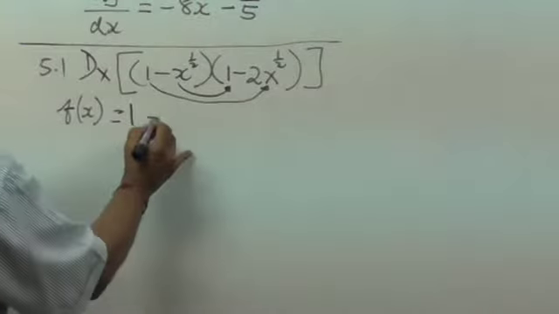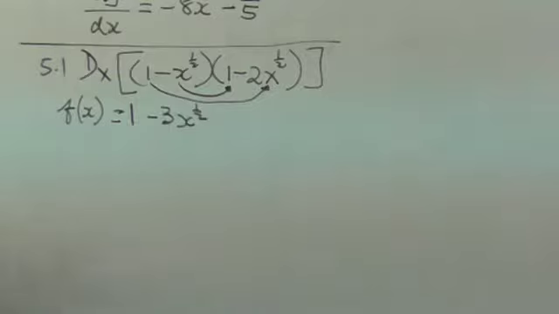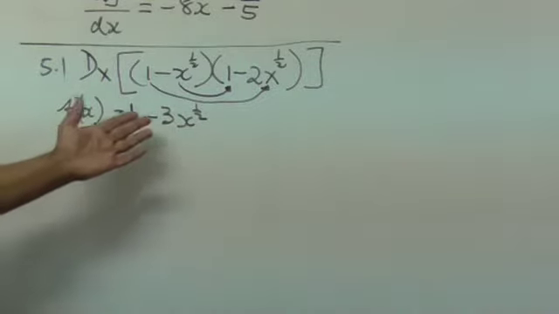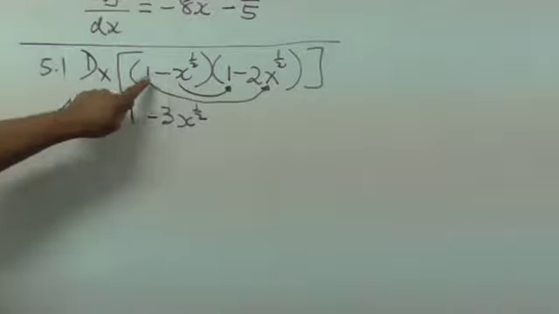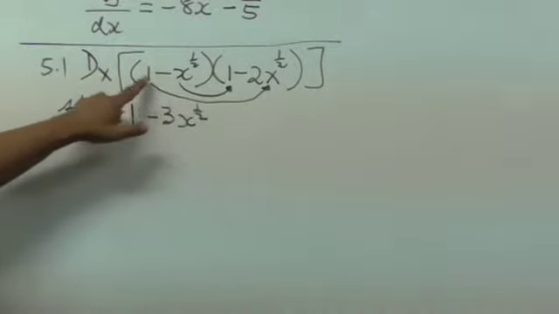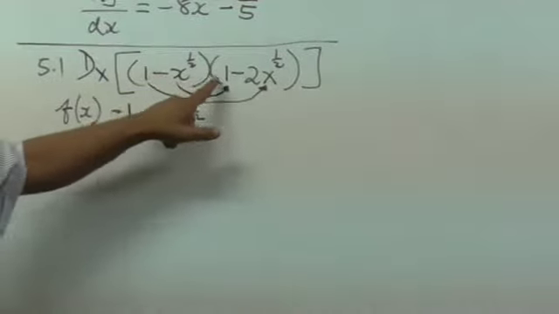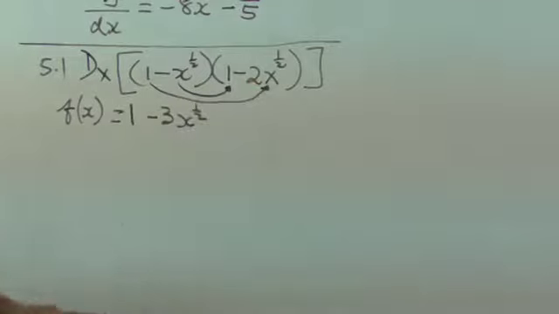So altogether you'll have minus 3x to the half. We're using the simple rule of distributive law or whatever your teacher has taught you. So 1 times 1 gives you 1. Inners times outers, that will give you minus 1x to the half, that will give you minus 2x to the half. Add those two up, you get minus 3x to the half.